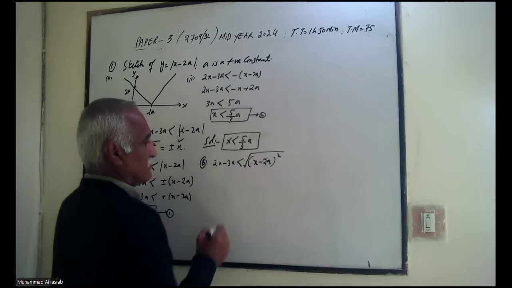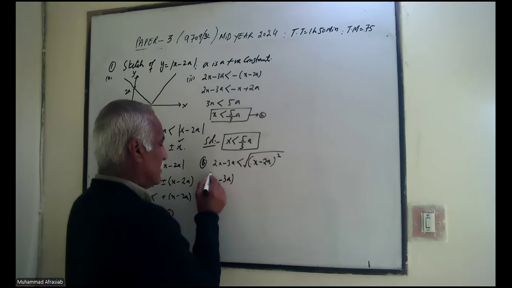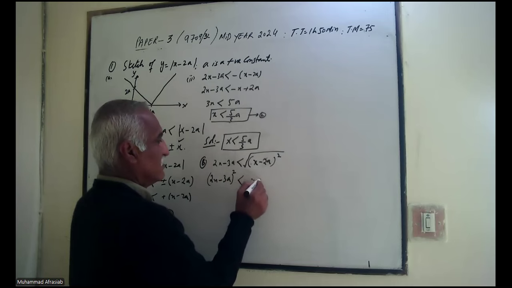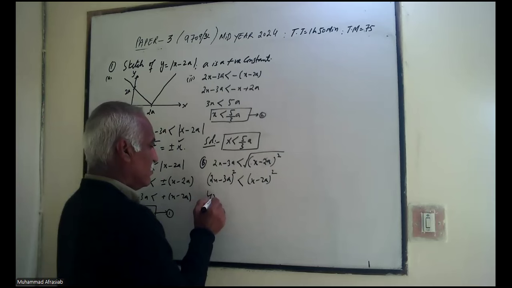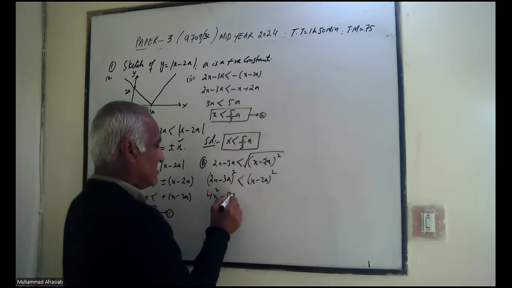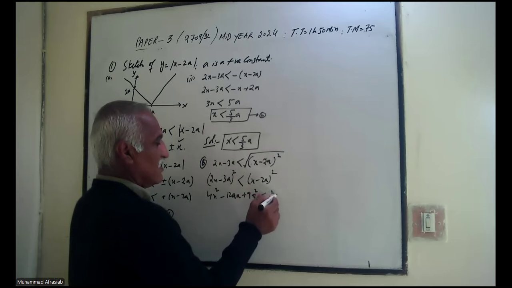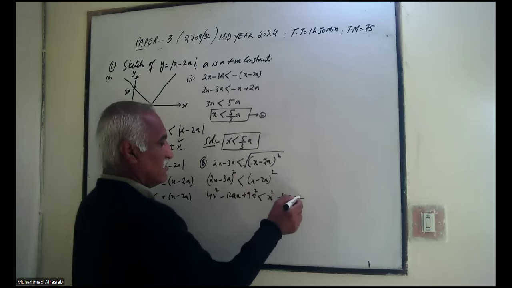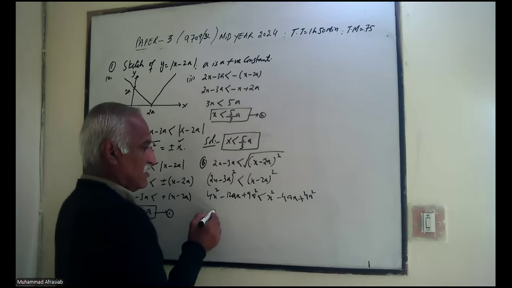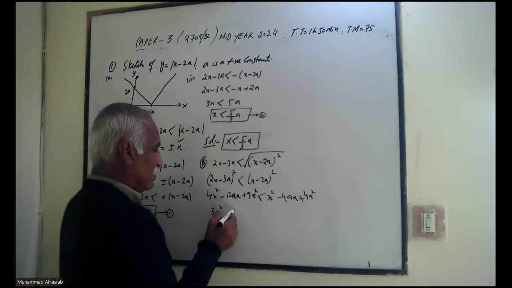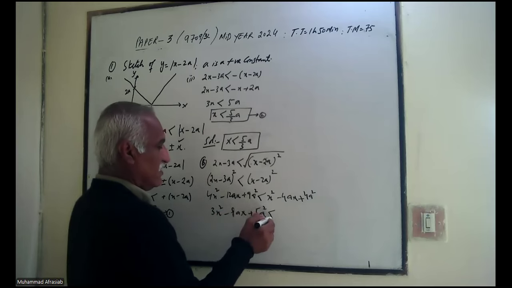Taking square on both sides, 2x minus 3a whole square is less than x minus 2a whole square. We open it, it becomes 4x square minus 12ax plus 9a square is less than x square minus 4ax plus 4a square.